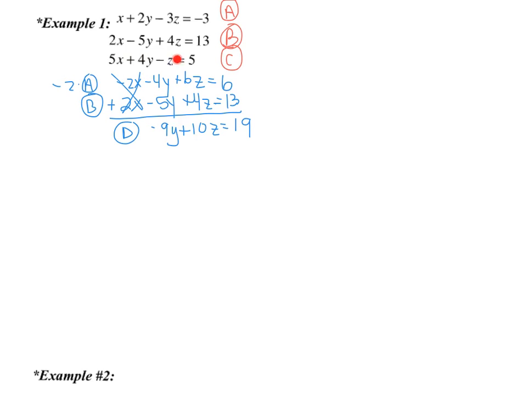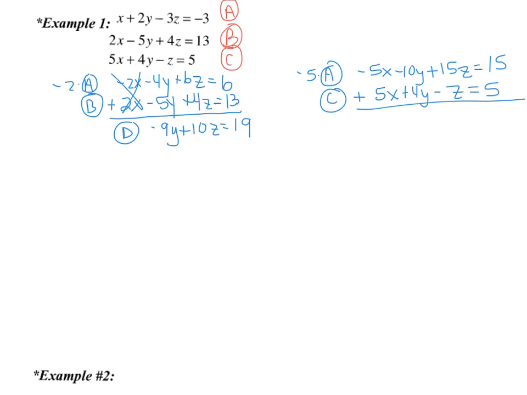And now I have to use equation C. I haven't used it yet, and I have to eliminate the exact same variable I did the first time. So I got rid of x, I've got to get rid of x again, so I'm going to pair it with equation A, so that again I can easily scale up equation A. So this time I'm going to do negative 5 times equation A, and I'm going to get negative 5x minus 10y plus 15z equals positive 15, and I'm going to keep equation C exactly how it is, 5x plus 4y minus z equals 5.